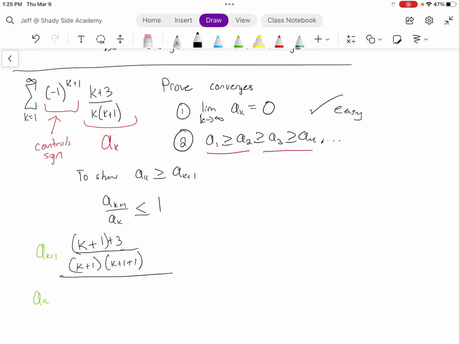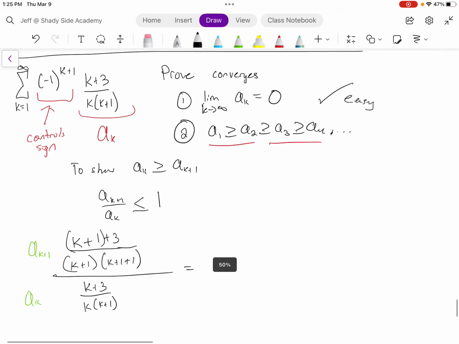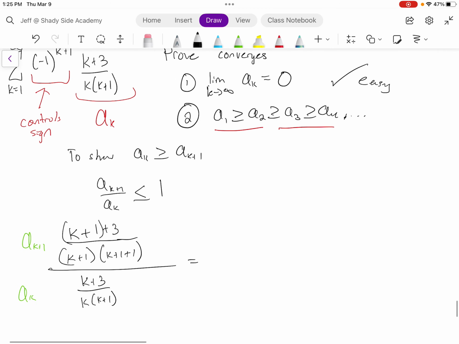And a sub k is just k plus 3 over k times k plus 1. While we could simplify this, and we did this with a limit floating around, let's undo that right now. So that would be k plus 4 in the numerator over k plus 1 times k plus 2, and that would be times k plus 1 over k plus 3, because we're multiplying by the reciprocal of the term down here.